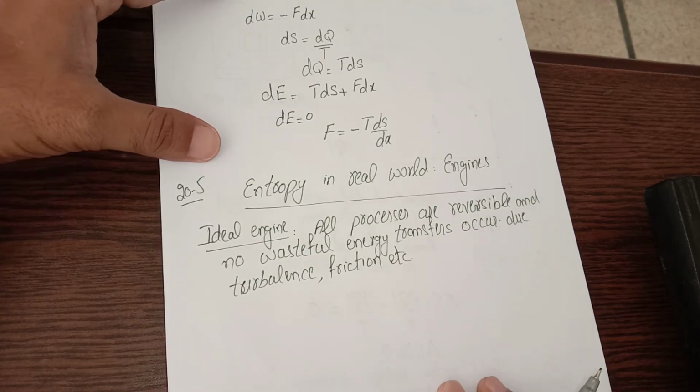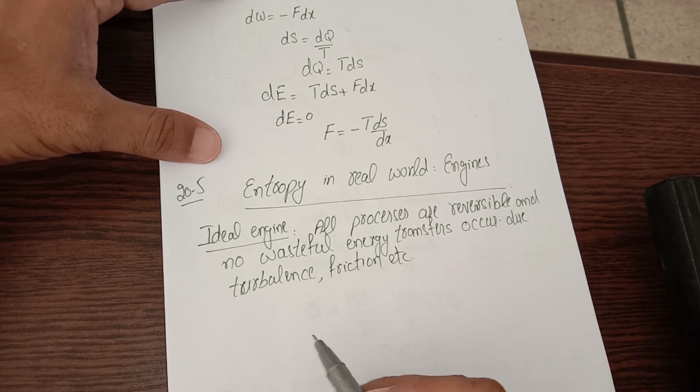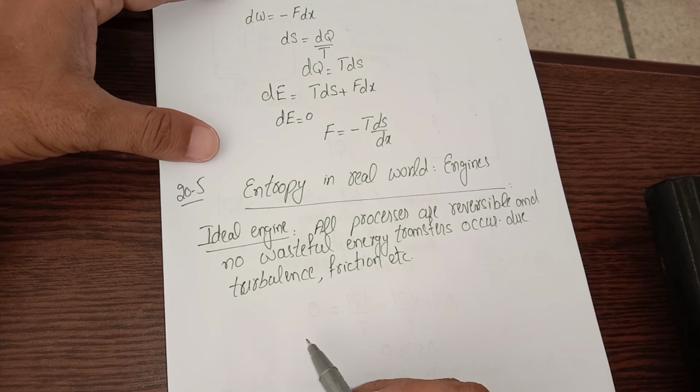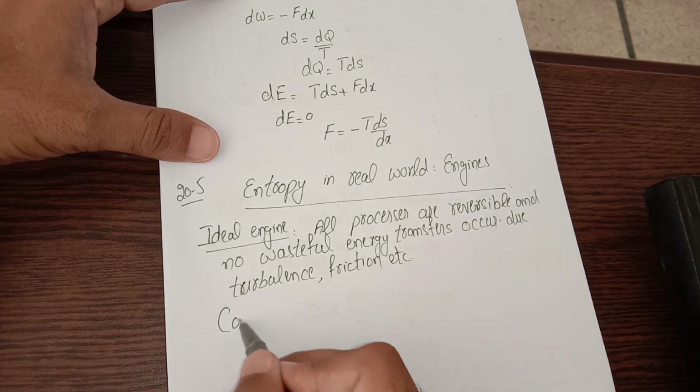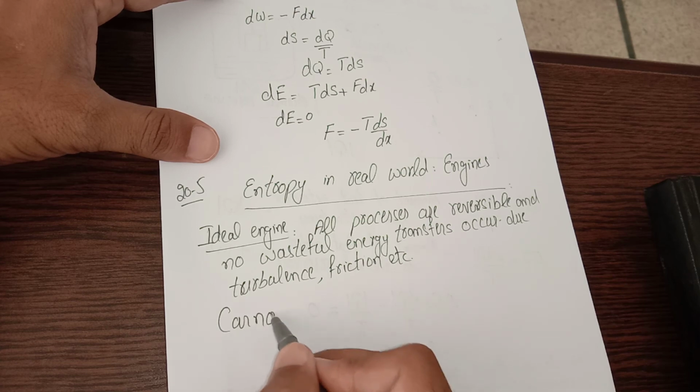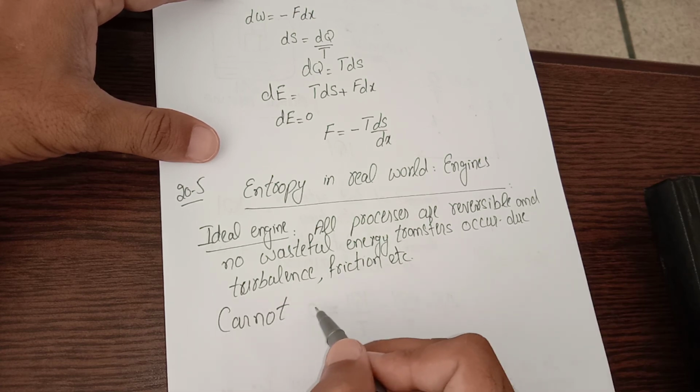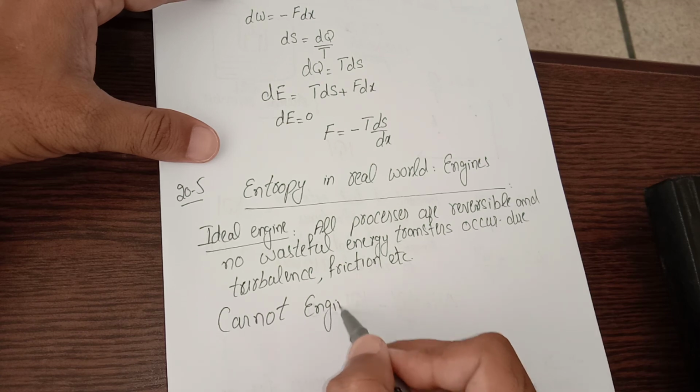We would look into the engine proposed by a famous French scientist in 1824, and this was supposedly an ideal engine, and he named it the Carnot engine.